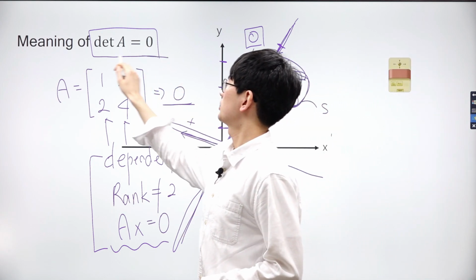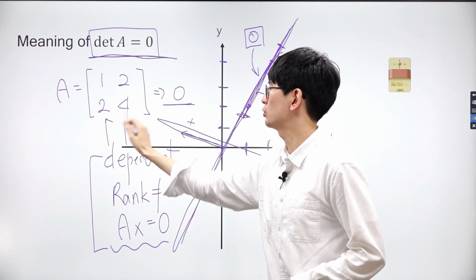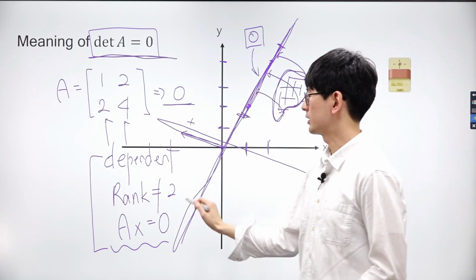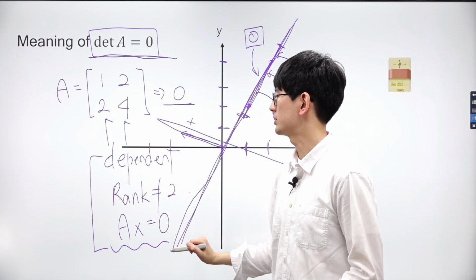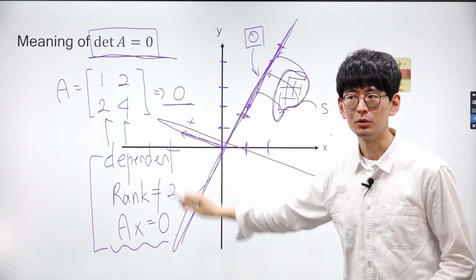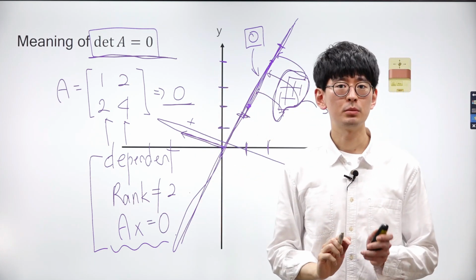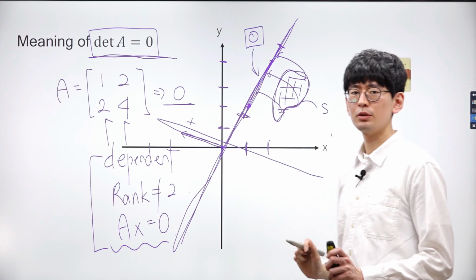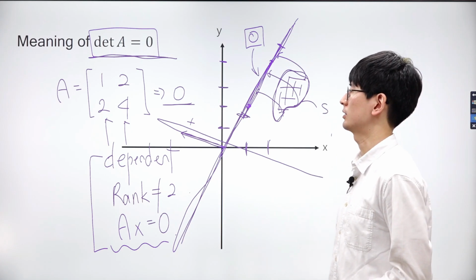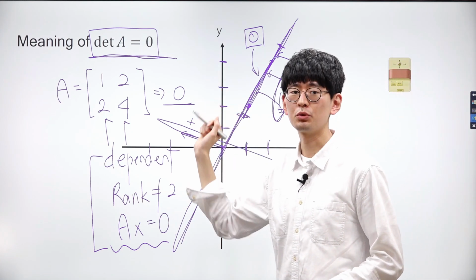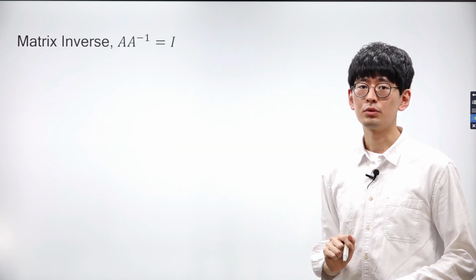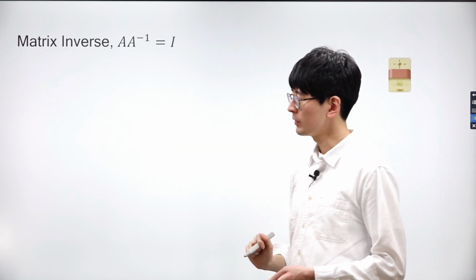When the determinant of a matrix is 0, it signifies the presence of linearly dependent vectors within the matrix. This reduction in determinant also implies a decrease in the rank of the matrix, alongside the existence of a null space. Essentially, these concepts hold the same idea.